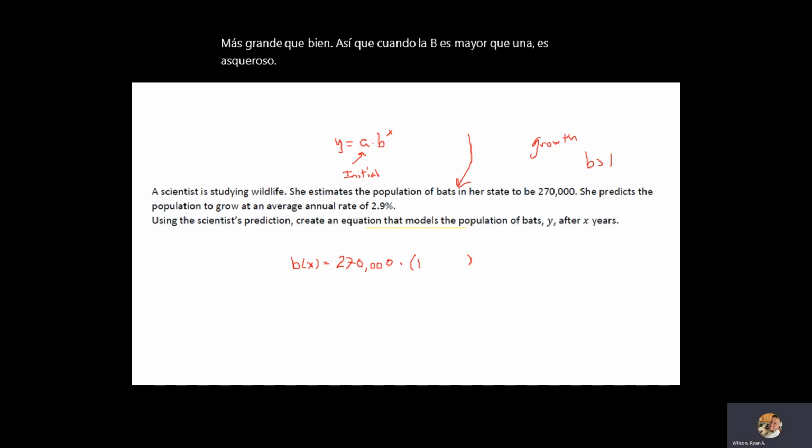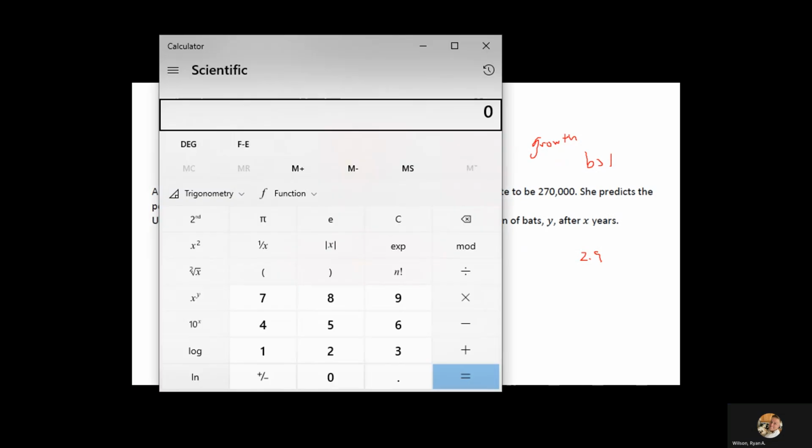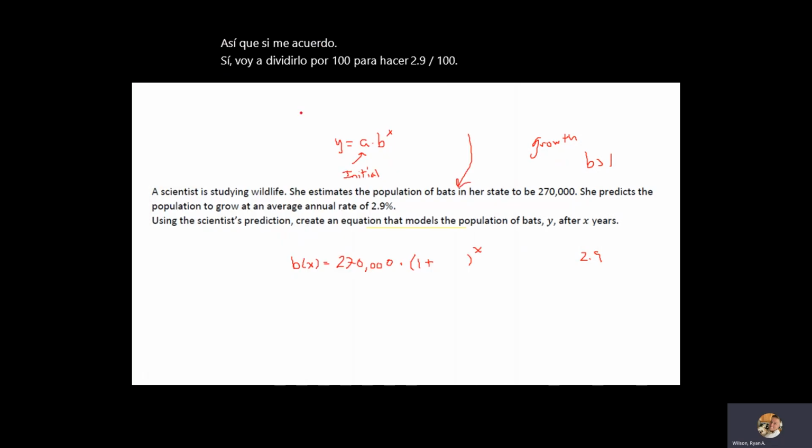So 1 plus, what is the percentage that they give us? 2.9. How do I take 2.9 and turn that into a decimal that I can put on the inside of that parentheses? Does anybody remember? Yeah, I'm going to divide it by 100. So do 2.9 divided by 100. I get 0.029.